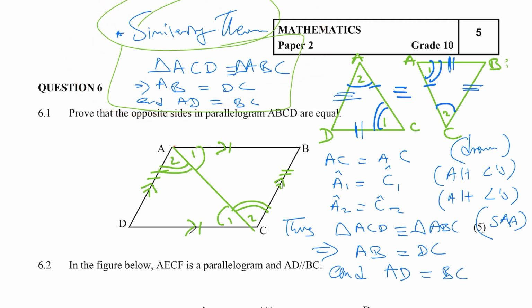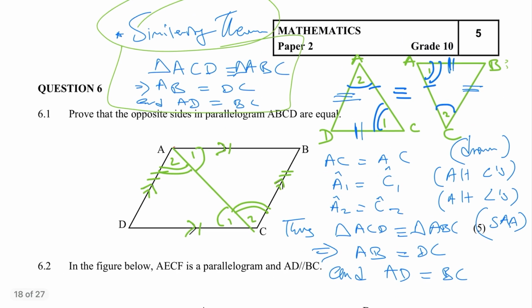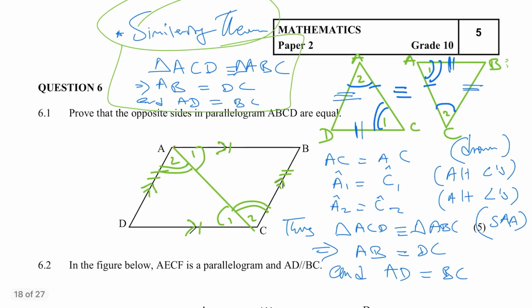We needed to prove a similarity theorem. After proving that theorem, we can safely say that we have proven that the opposite sides in a parallelogram ABCD are equal. This is a very nice theorem. It's going to come up all the time, by the way. So you have to always remember this theorem, and this is how you always prove it.